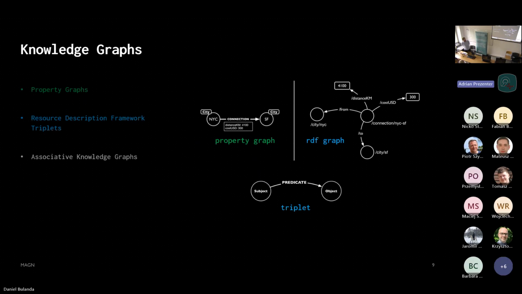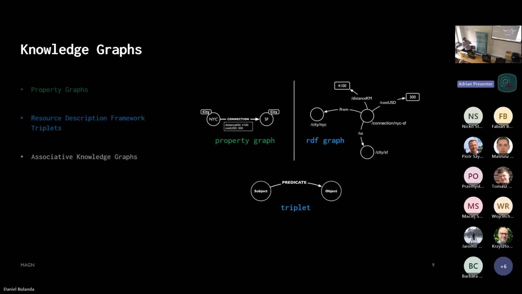The other very popular approach is something called RDF, the Resource Description Framework. It's a standard made by the W3C organization, so it's a bit different category, but behind this thing we have some ideas which are very popular. So we have something called triplets. Something like subject, predicate, object, or maybe more common words, noun, verb, another noun.